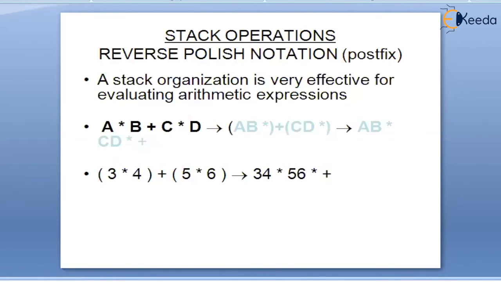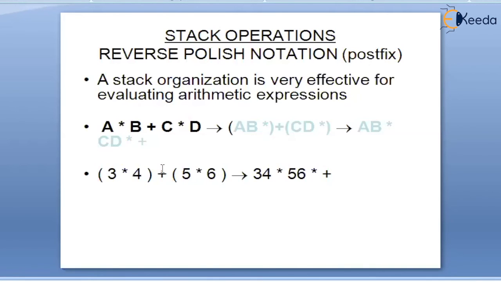Now, I would like to perform this operation: A into B plus C into D. How is this going to happen? First, let us say 3 into 4 will get multiplied and 5 into 6 gets multiplied. Finally, it will have to get added.